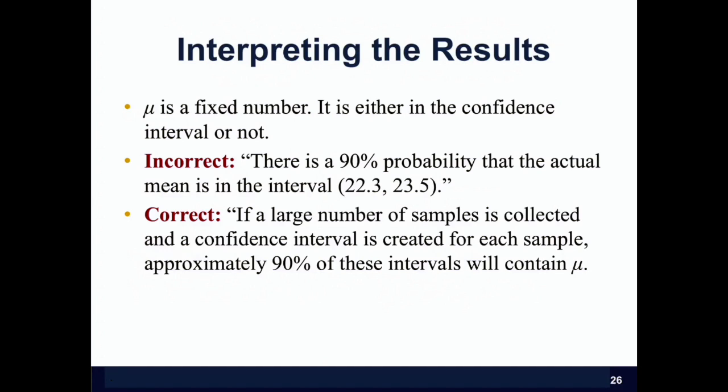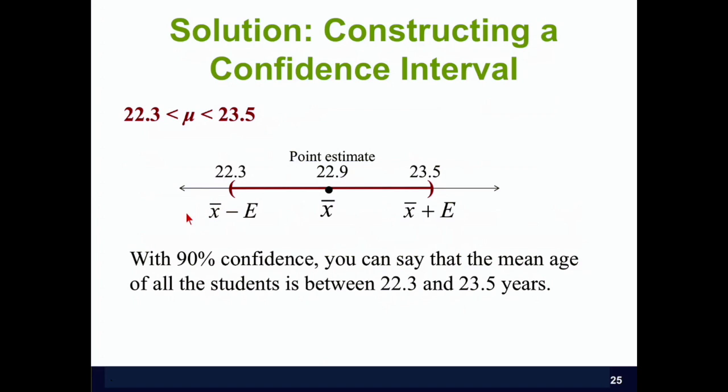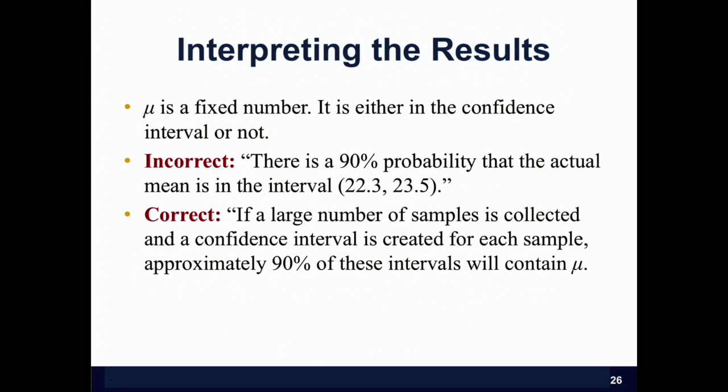Okay, so now how do we interpret the results? First, keep in mind that the population mean is a fixed number. Okay, it's not going to change, and given that fact, and given that we are producing intervals, right, with a given margin of error, then it may happen that that number, the population mean, is either in the confidence interval or not.